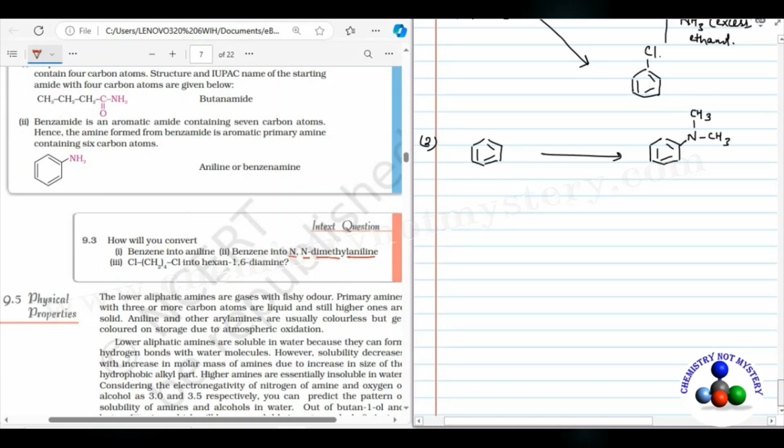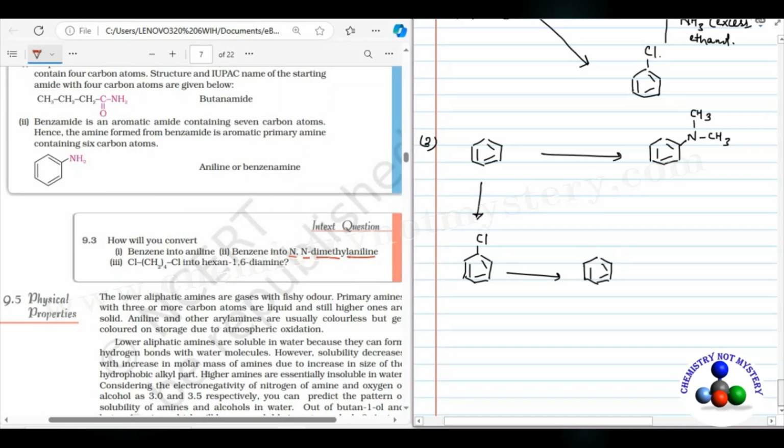Now you can get the idea how we can prepare substituted amine from benzene. First you have to prepare aniline from benzene. So first you have to prepare chlorobenzene, and from chlorobenzene you can prepare aniline.